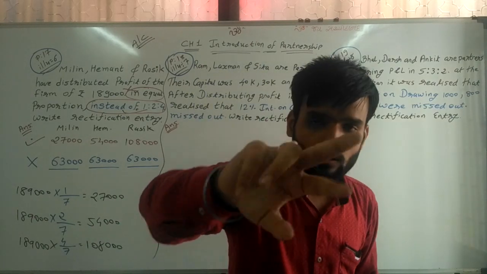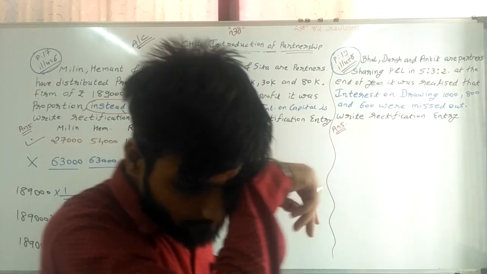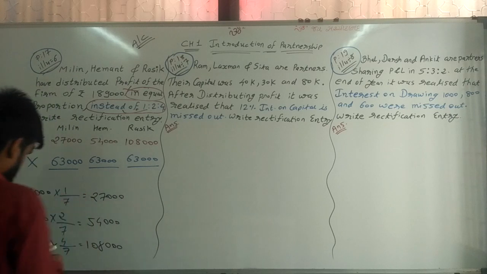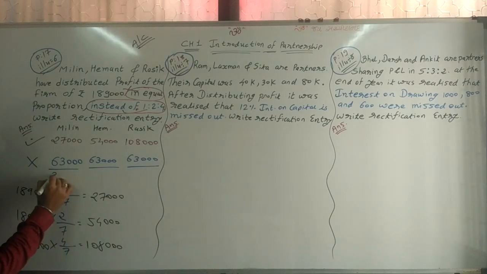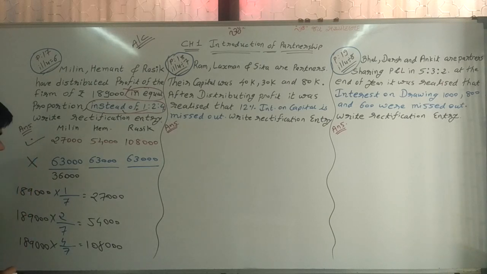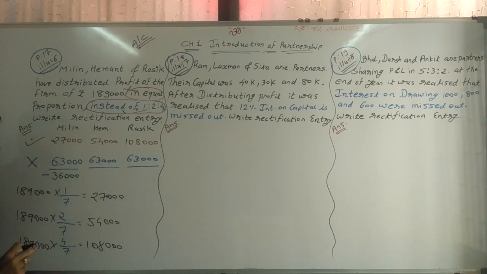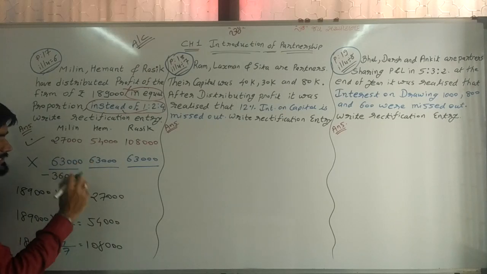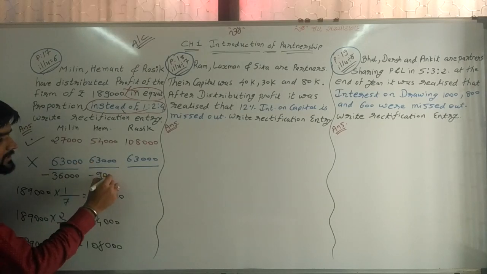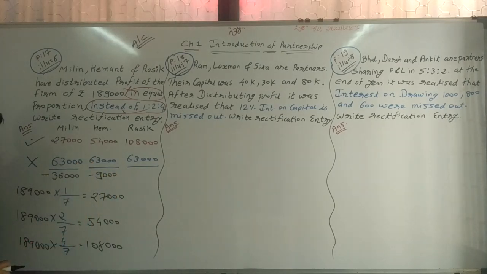So the difference of both is 36,000. 27 minus 63 is minus 36,000. Here 54 minus 63 is minus 9,000.